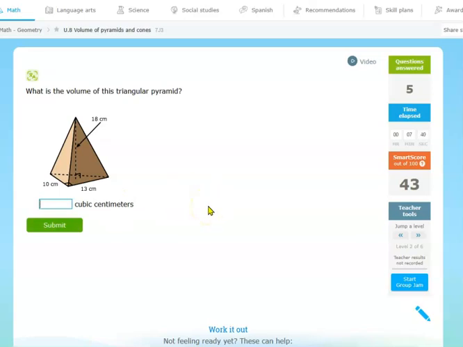Okay, here's one that's a little bit different still. This is a triangular pyramid. But we still need to start with the same things. We need the area of the base, and we need the height. Height is 18, distance from the vertex to the base. Here's where things get a little different. This is a triangle, okay? So this is where we need to know all of those formulas of areas.